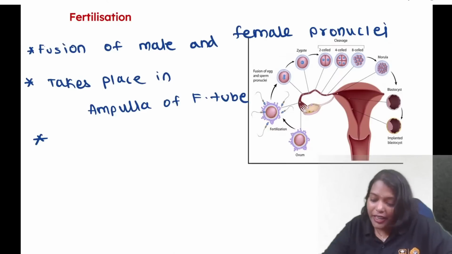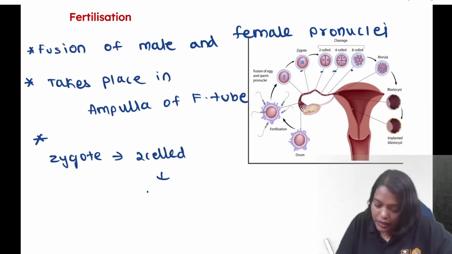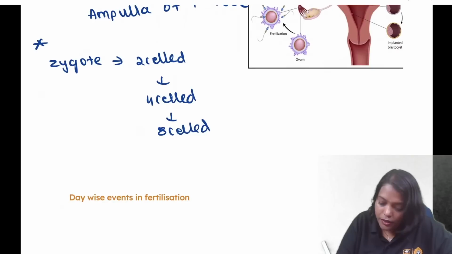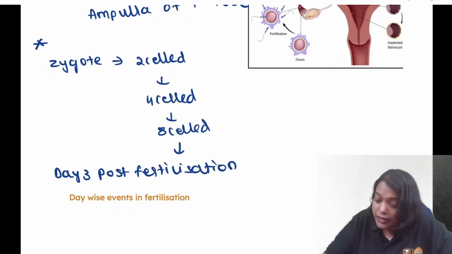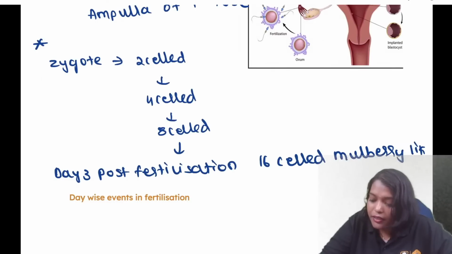Okay. Now after fertilization takes place, you have a zygote, right? The zygote will further divide into 2 cell, 4 cell, 8 cell, and then finally, on day 3 post fertilization, you have a 16 celled mulberry-like morula.